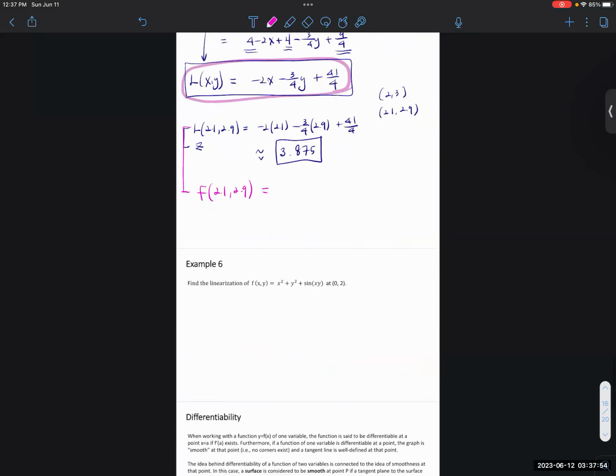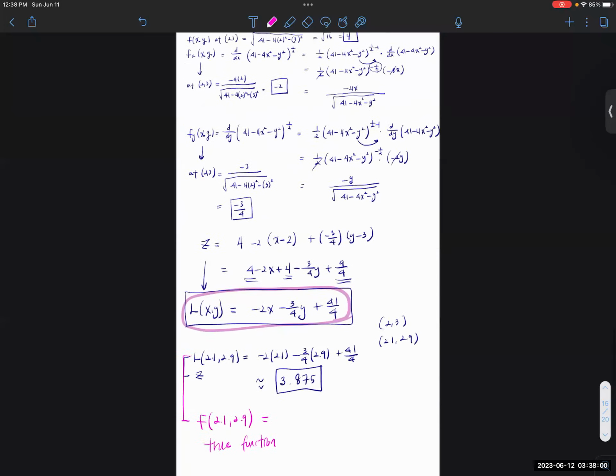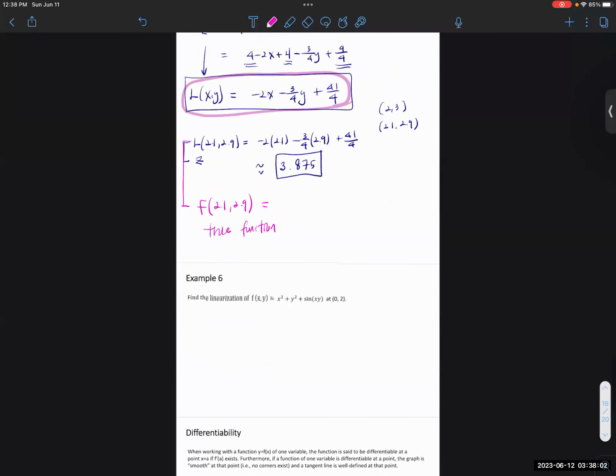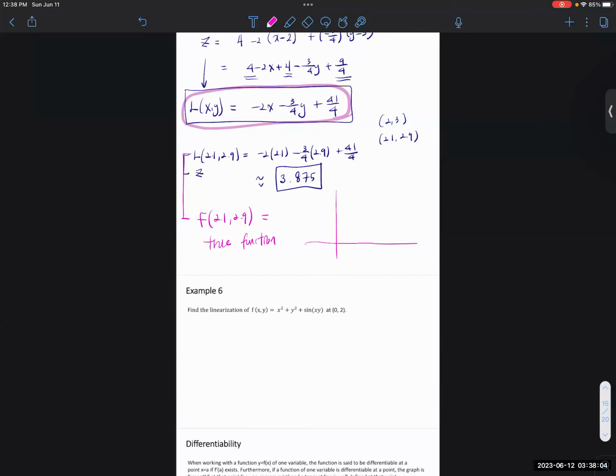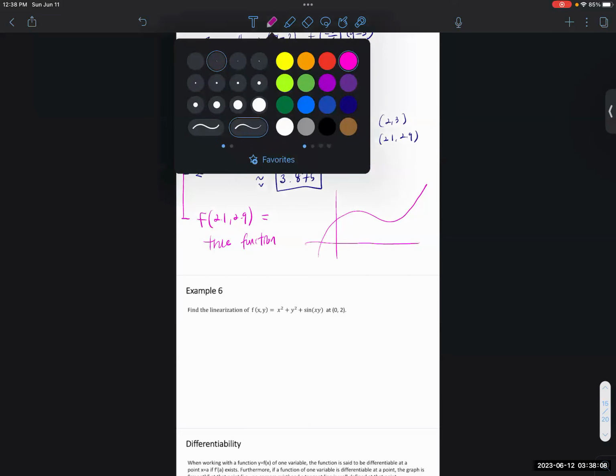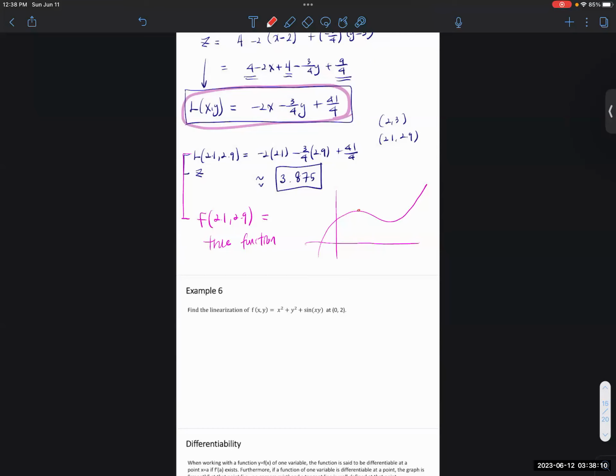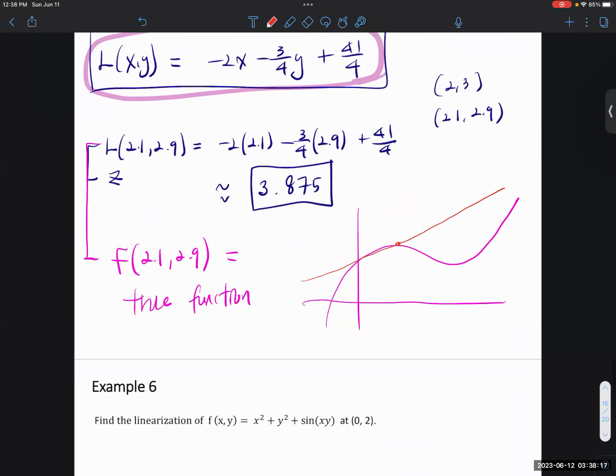One is the true function. If you graph it, let's say the function looks like this, and then the linear approximation is going to be based on the tangent line. So let's say this is a tangent line. This is L(x, y), and the pink is F(x, y).